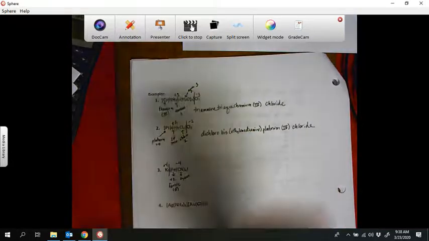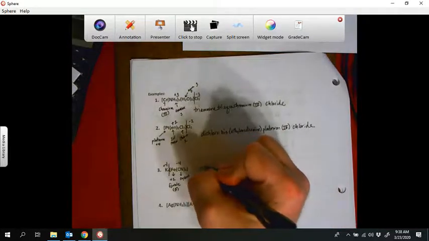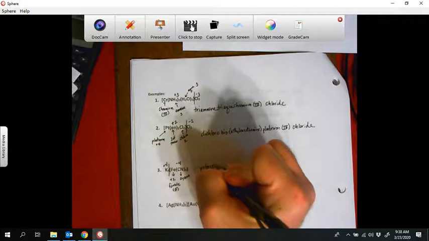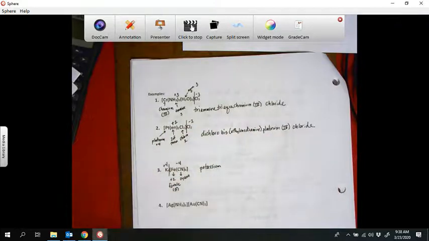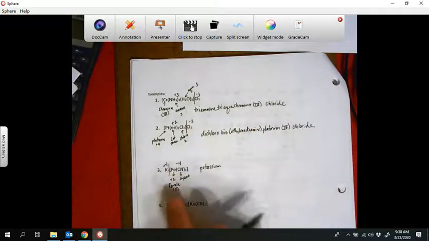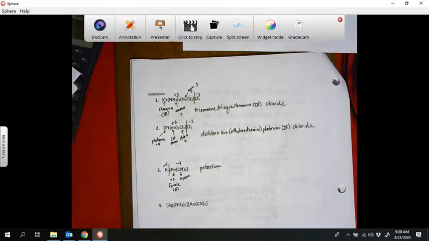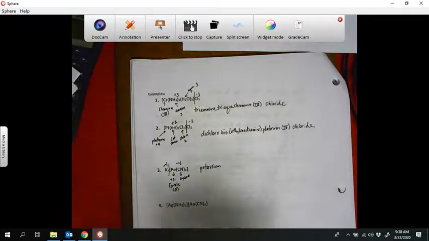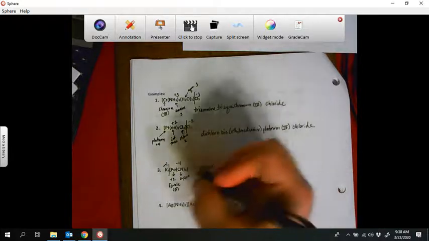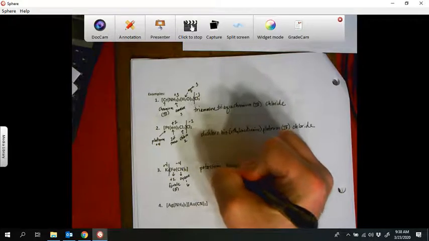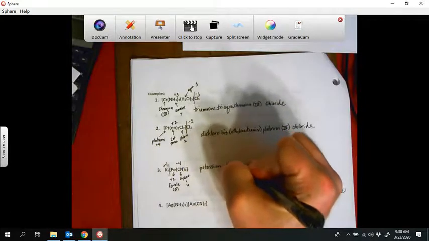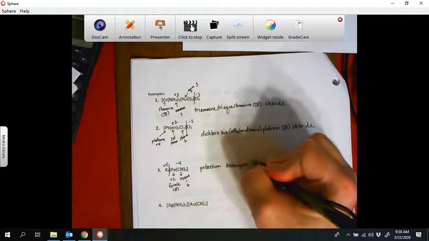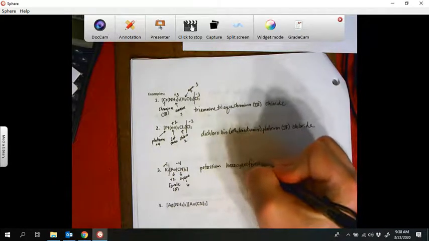So with this one, we would call this one potassium. Since that is our cation, it comes first. Leave a space, and then we name our complex anion. Same rules apply to naming this. We name the ligands first. Since we have 6 cyano, it becomes hexacyano ferrate 2.